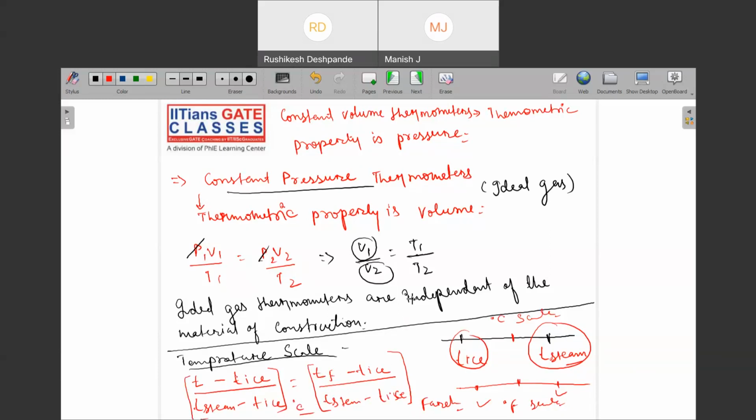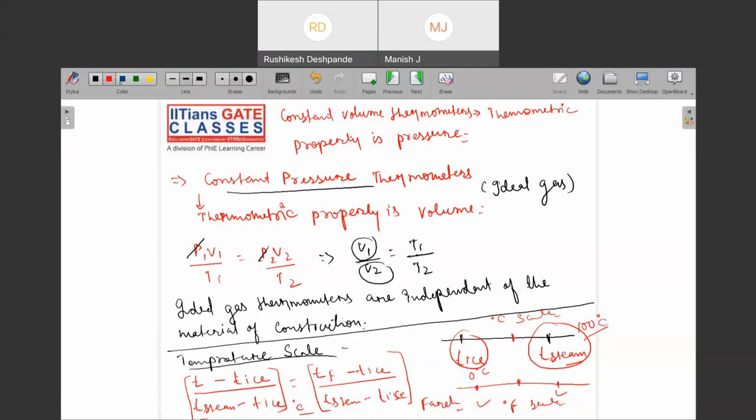Now, based on this, you can develop even your own temperature scale; any temperature scale can be developed based on this fact. We know that in degree Celsius scale, your ice point is 0 degrees Celsius and your steam point is 100 degrees Celsius, in degrees centigrade.